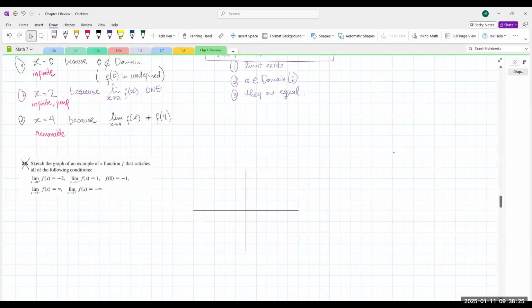As the limit as x approaches 0 from the right-hand side, we get -2. So let's say it looks like this. From the left-hand side, we get 1. Right at 0, f(0) is -1.